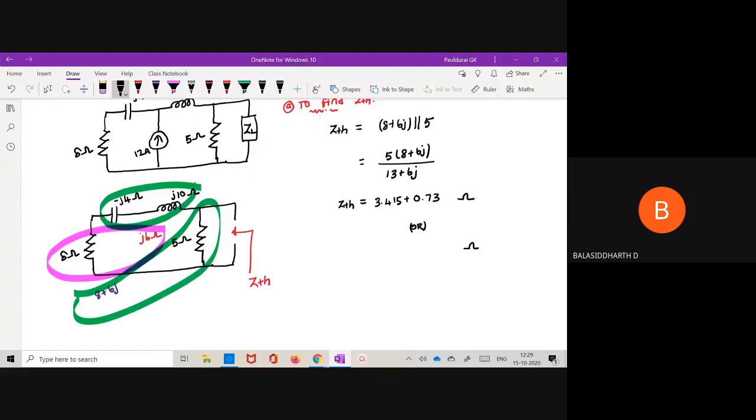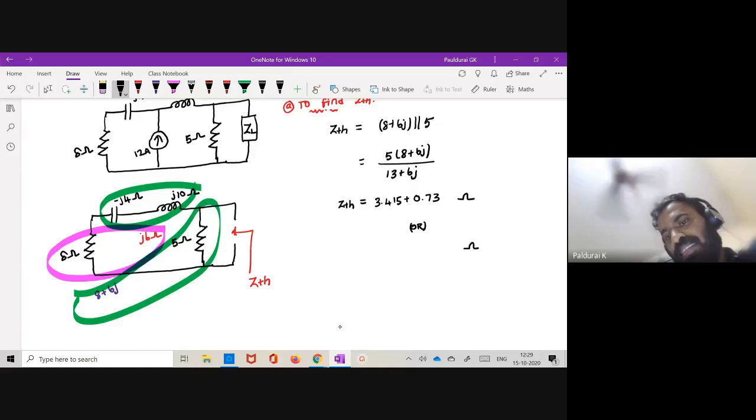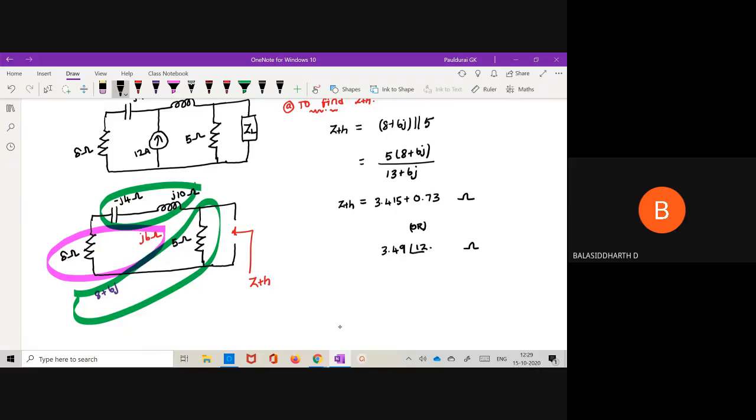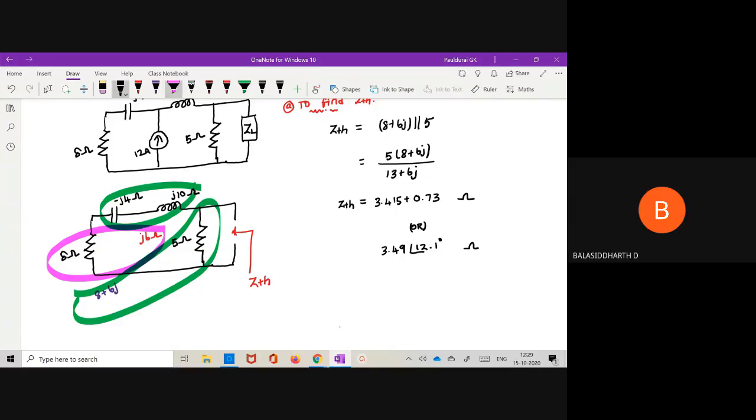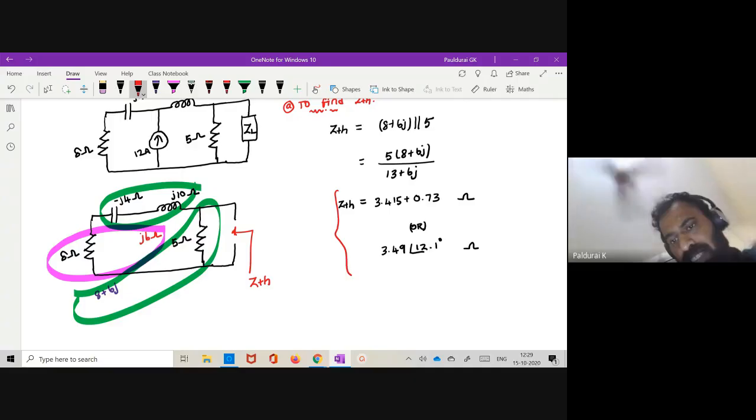And 3.49 at an angle of 12.09 degrees. Can I take 12.1? Yes. So this is my ZTH.